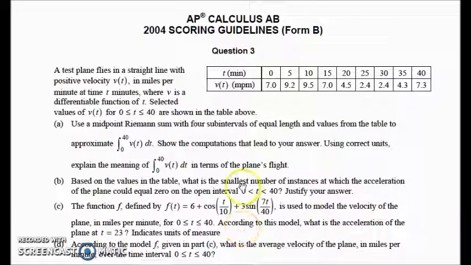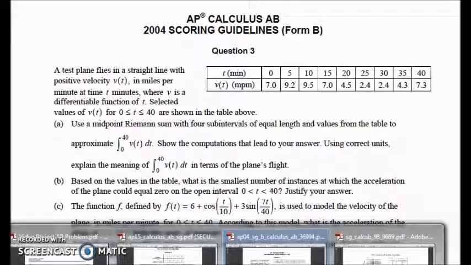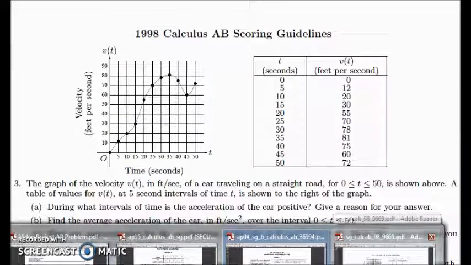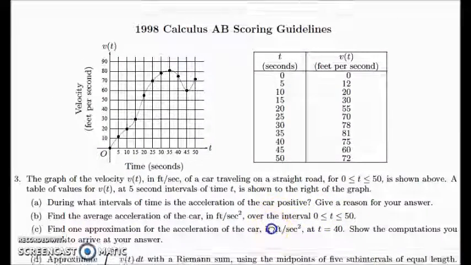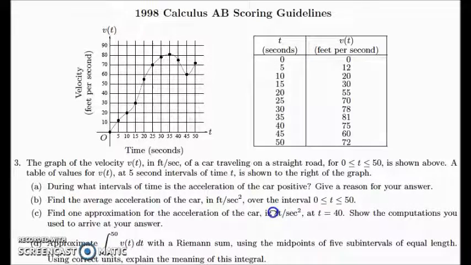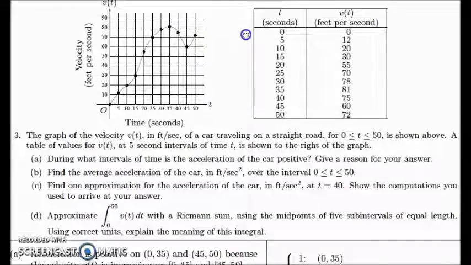Another similar question would be 2004's question 3. It's another question that has to do with velocity, although it's also no calculator. It connects velocity and acceleration. Lastly, there's also the 1998, a little older, AB scoring guidelines.